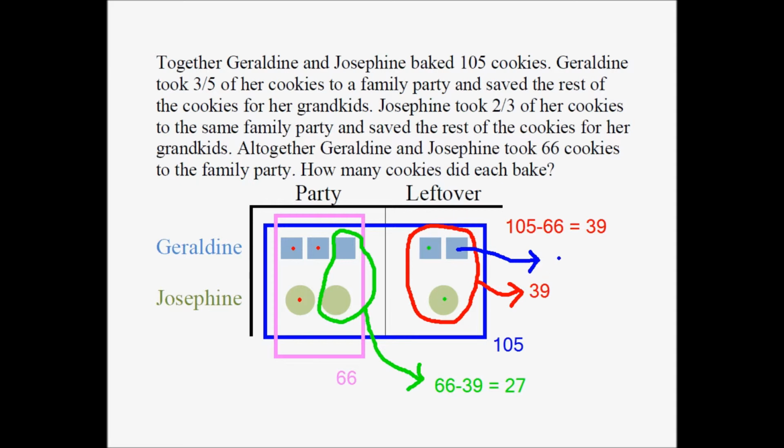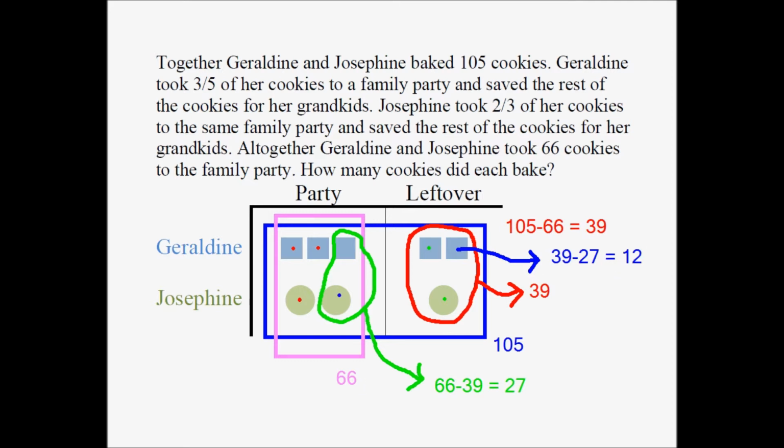So let's do it. 39 minus 27. Why 27? Because the value of a square plus the value of a circle is 27. And 39 minus 27 is 12. So each square is worth 12.